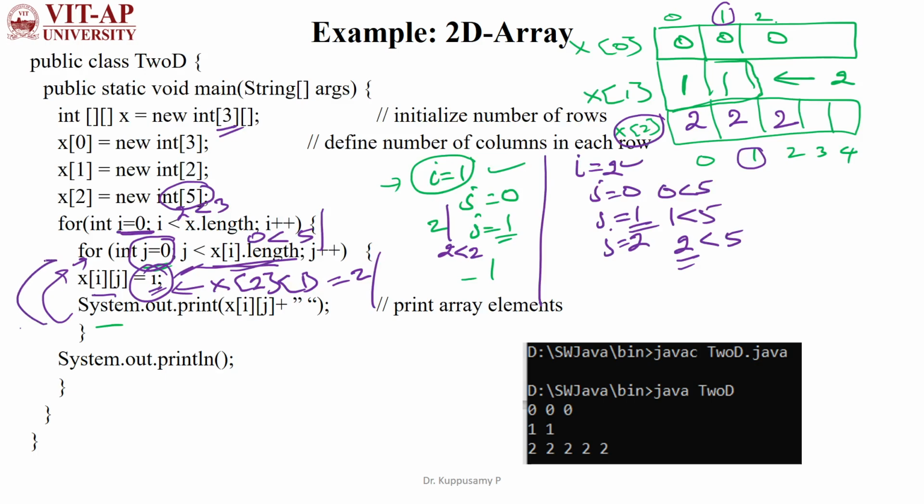Again J is incremented. Now J equals 3. So 3 less than 5, which is also true. Then x of ij is assigned with the I value. X of ij is here, I is 2, J is 3, so 2 comma 3, which is assigned with the same I value, 2.